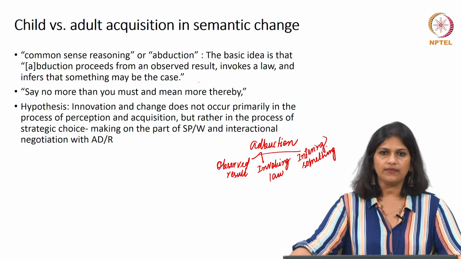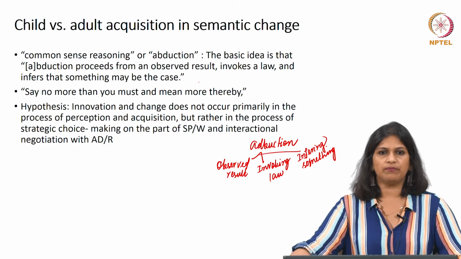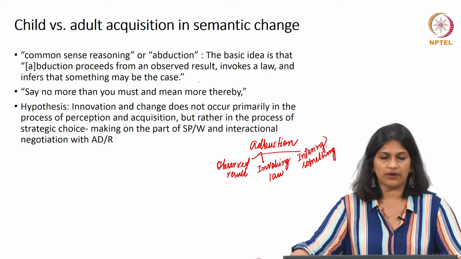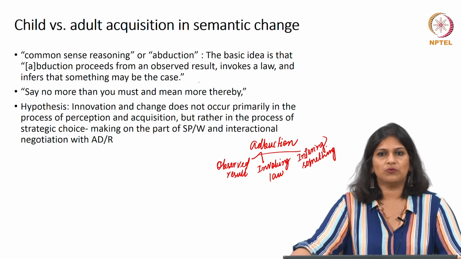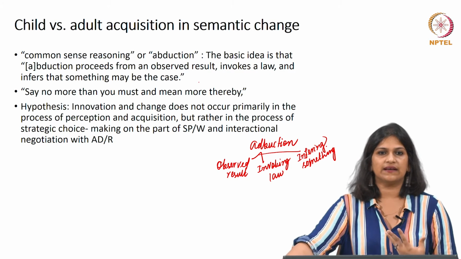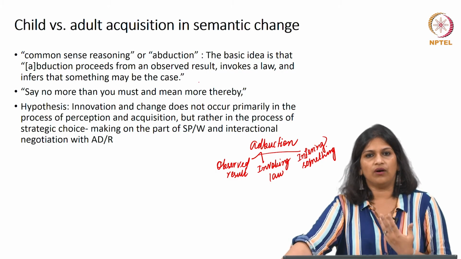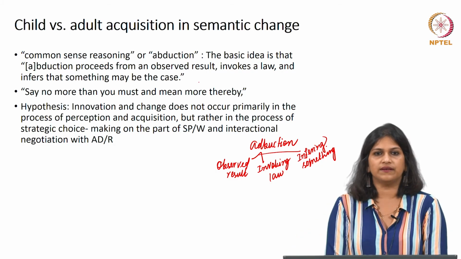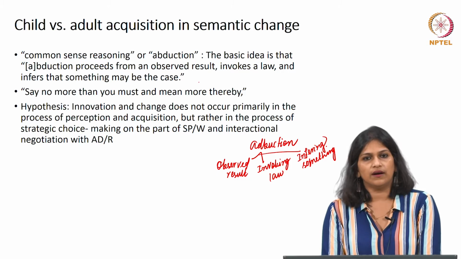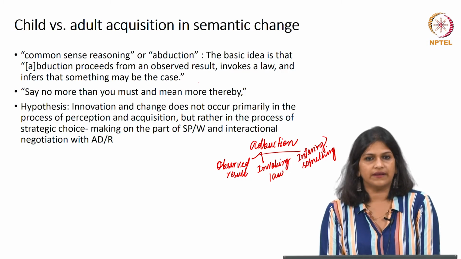Okay. So, with this information about the bioprogram hypothesis, I would lead you through different reasoning strategies of learning. What are the different strategies involved during the process of learning a language?